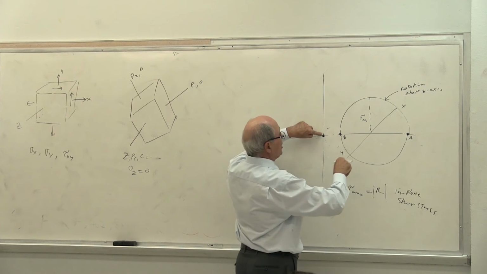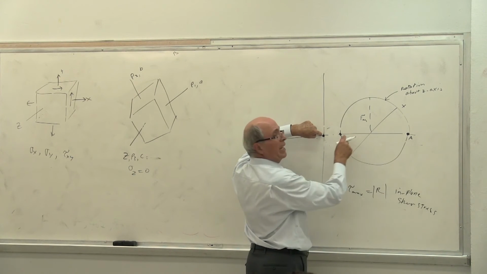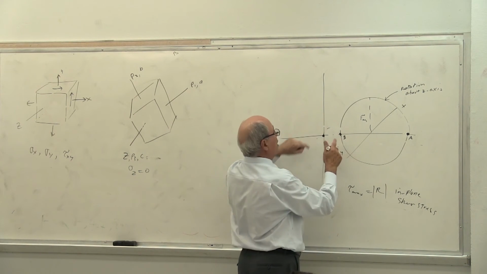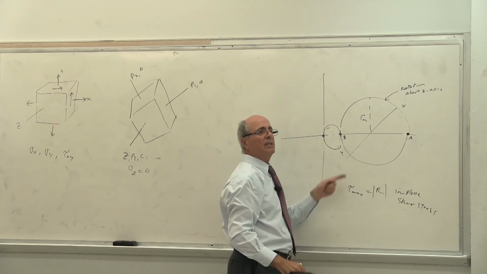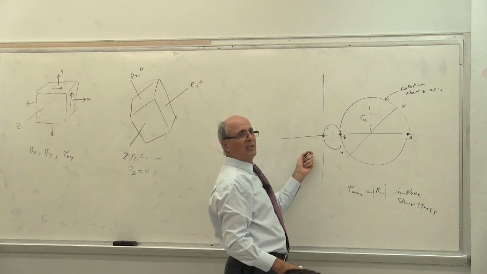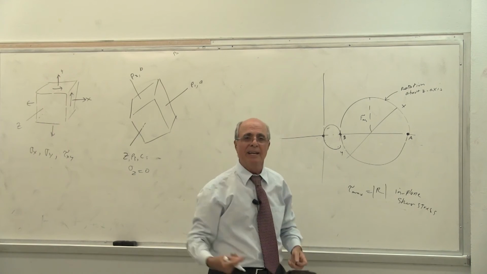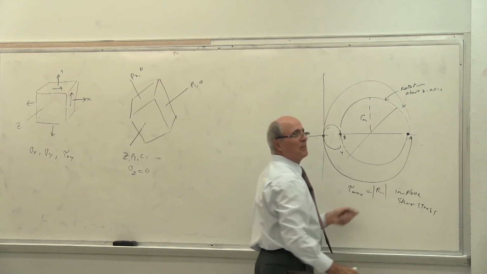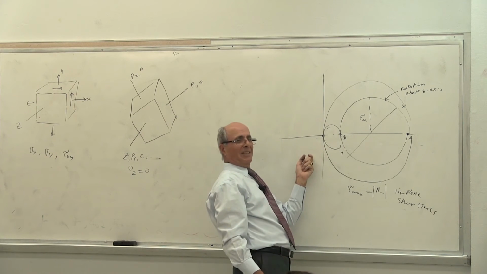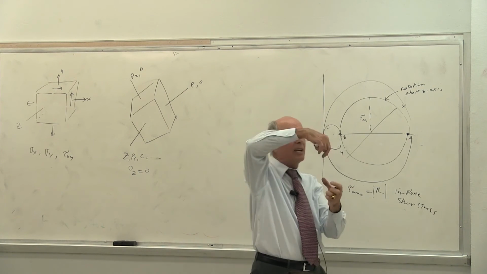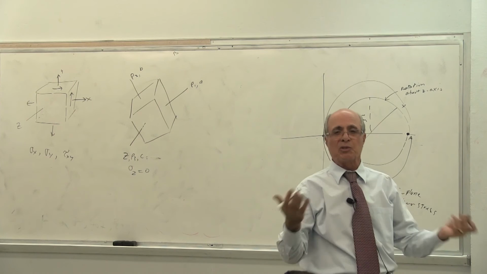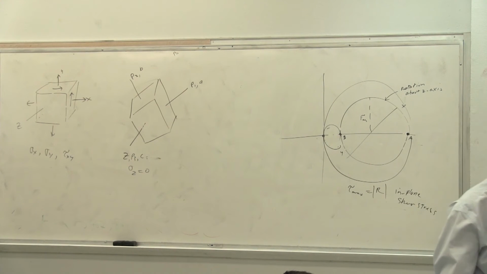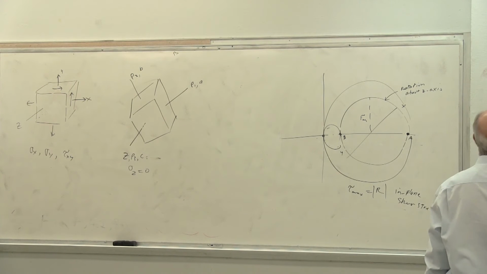Now, this circle was between x and y. This circle is between y and z, so rotation is about the x-axis. And this circle is between x and z, so rotation is about the y-axis. So the stresses can happen on all of that. Yes or no? Correct? So from now on, I put here absolute maximum shear.